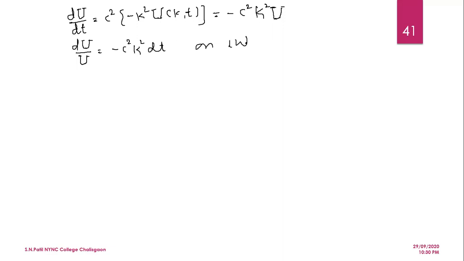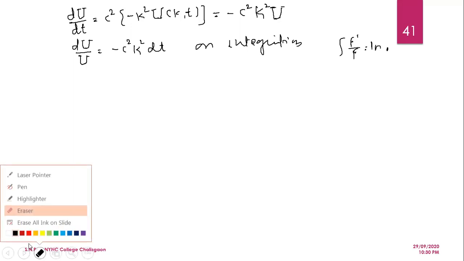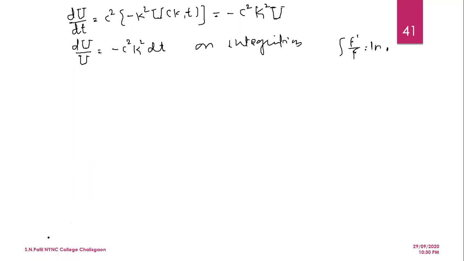On integration, see the derivative of the denominator is present in the numerator, and we know the formula that the integration of f dash upon f is log of the function.